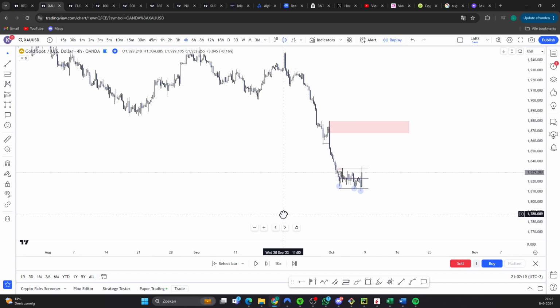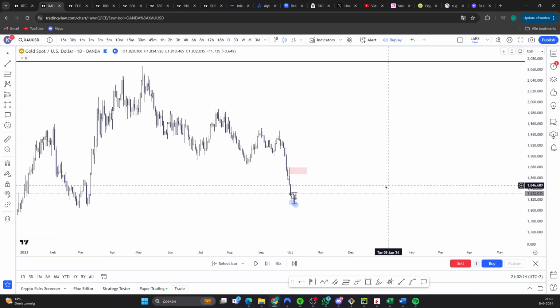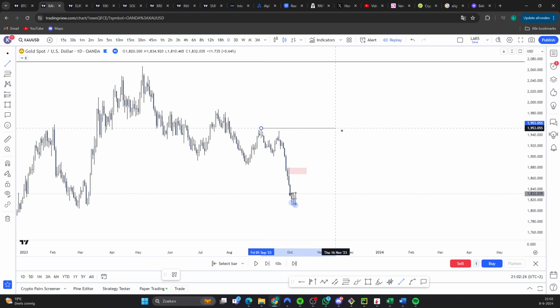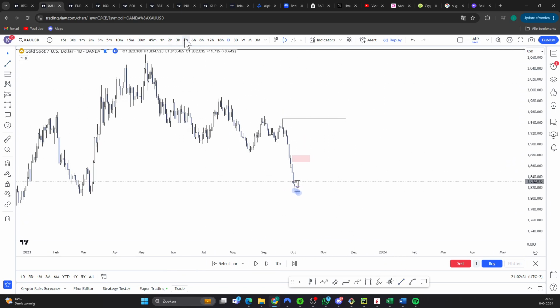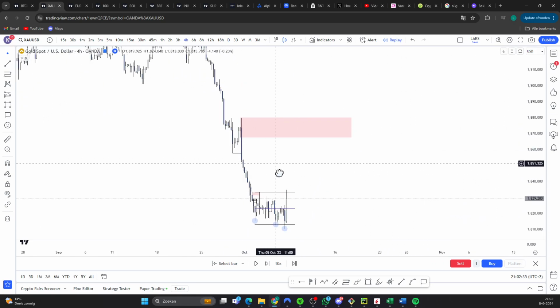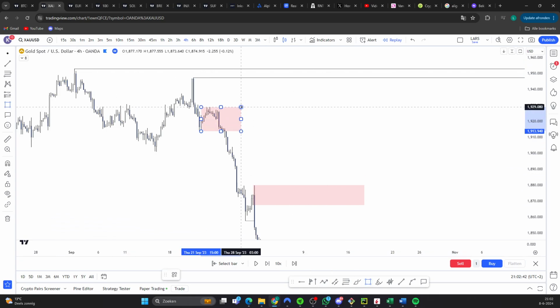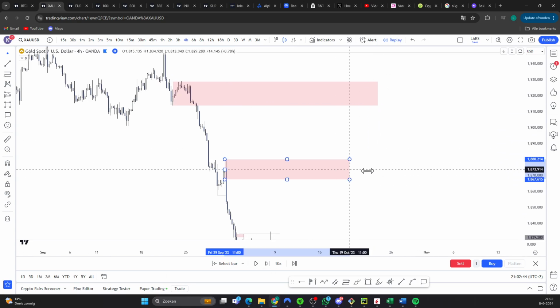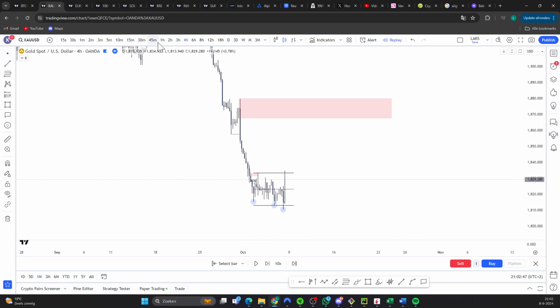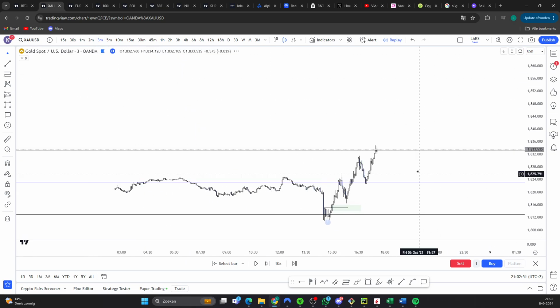Let's get rid of this one. We know that we're in a high time frame POI. This is an important high. This is the fractal one, and then zooming in, that leg. That's an important POI. Yeah. See if we can get any continuation trades.